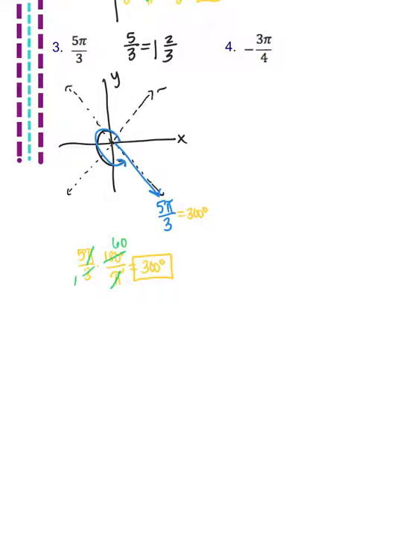If I were to go 1 pi over 3, I'm here, 2 pi over 3, 3 pi over 3, 4 pi over 3, and then 5 pi over 3 where I landed. And we know that 60 degrees is one chunk, so this is 60 degrees, 120 degrees, 180 degrees, plus 60 is 240 degrees, and then there I am at 300 degrees. Go out 60 more, you'd be at 6 pi over 3, which is 2 pi, which would be my 360 degrees.